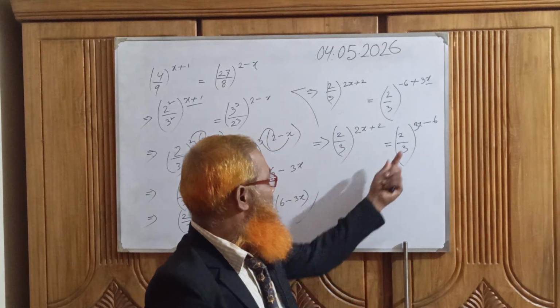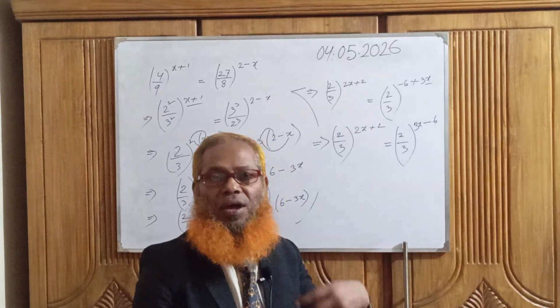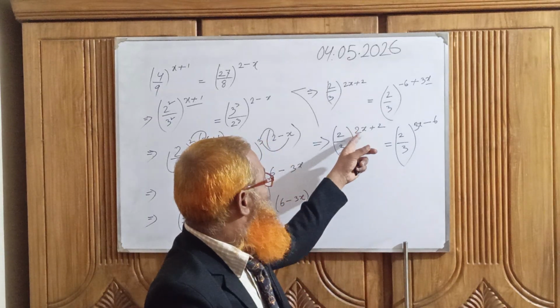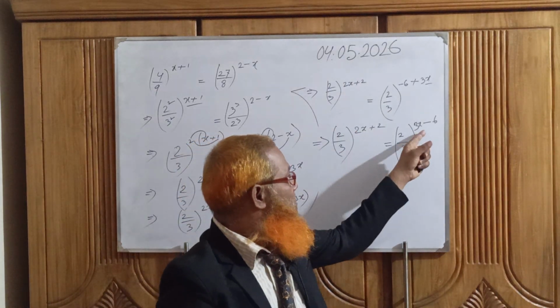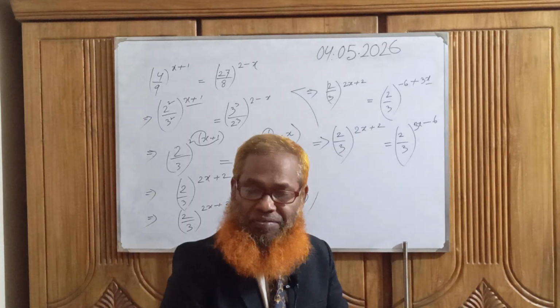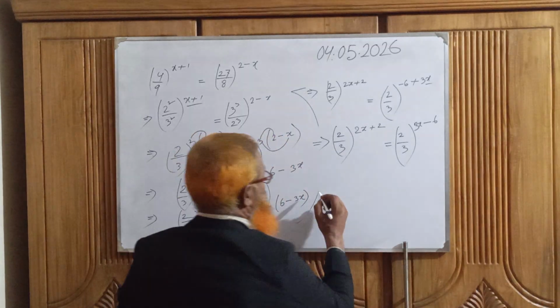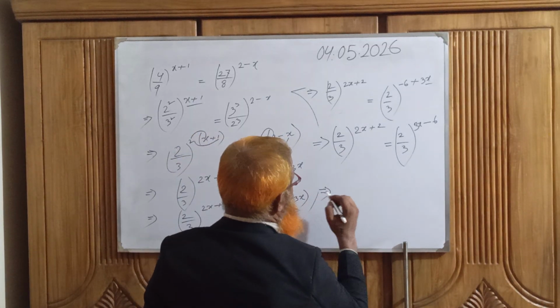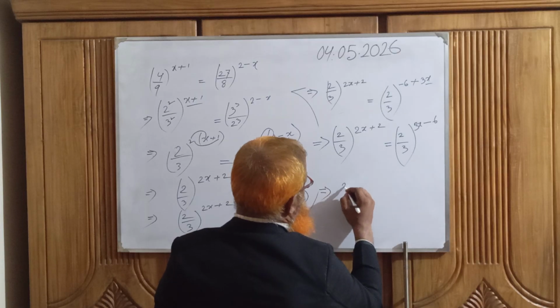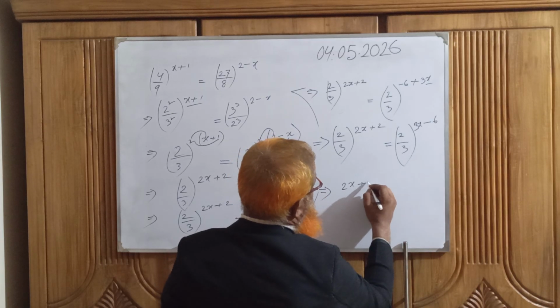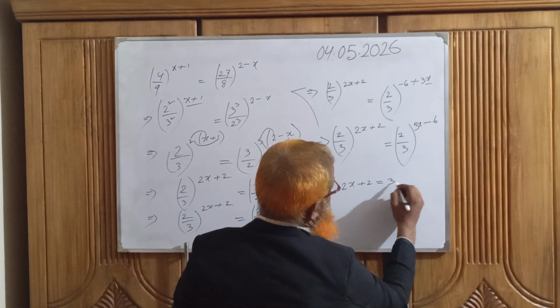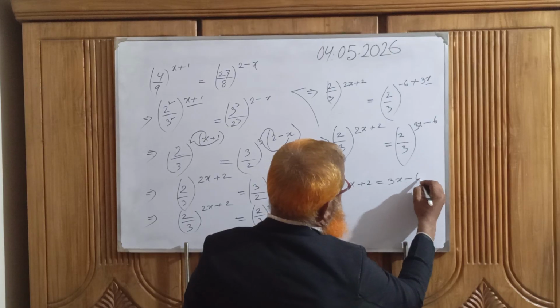And we have found power 2x plus 2 equal to 3x minus 6.